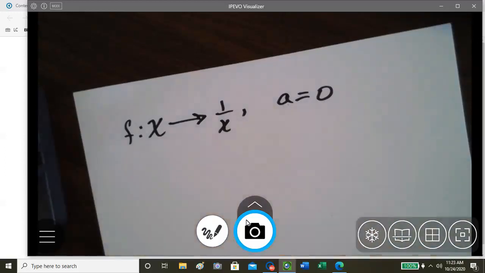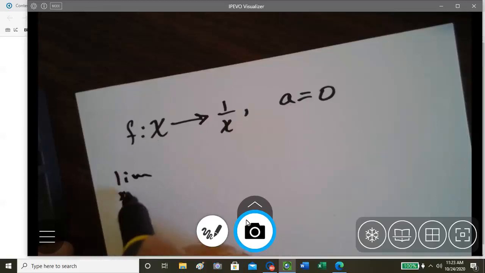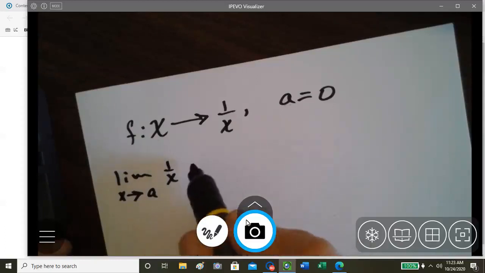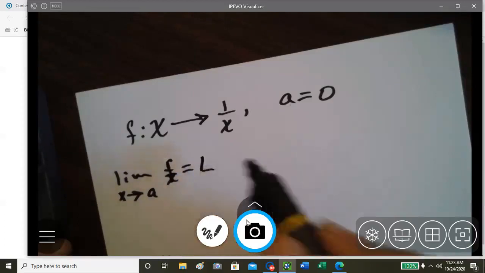So from here, we're going to check our limit. Again, our limit as x approaches a for our function is equal to the limit.